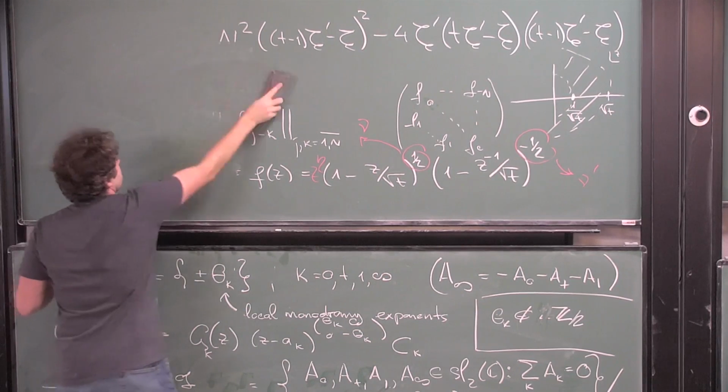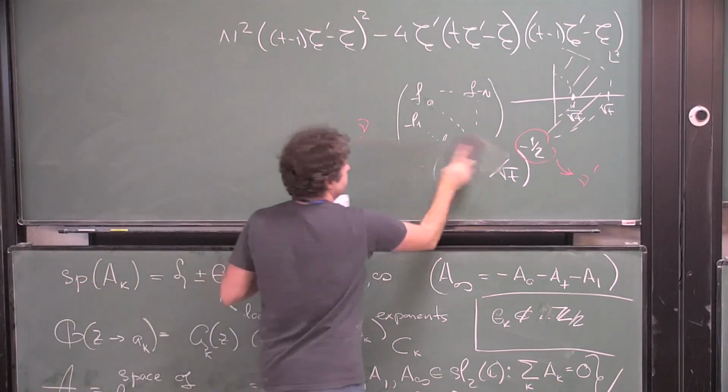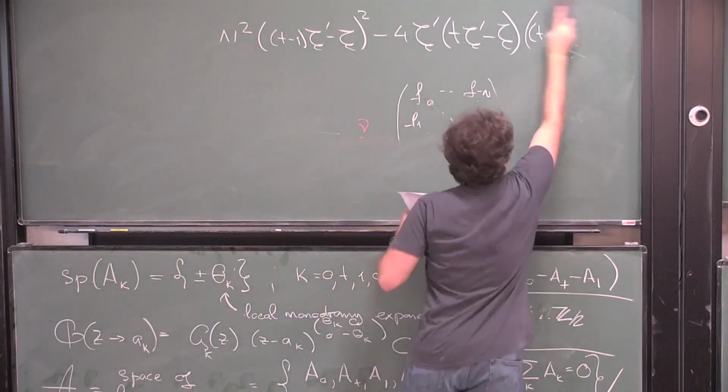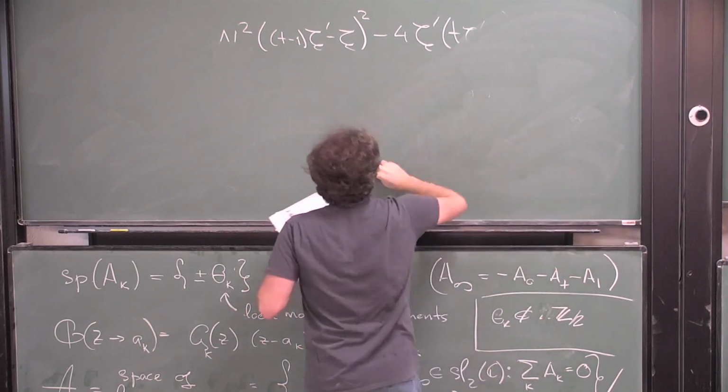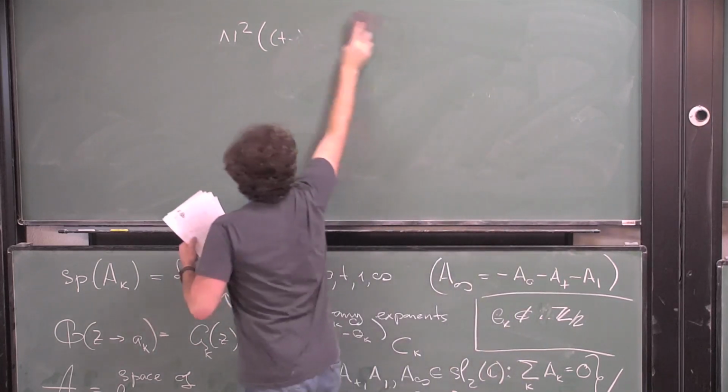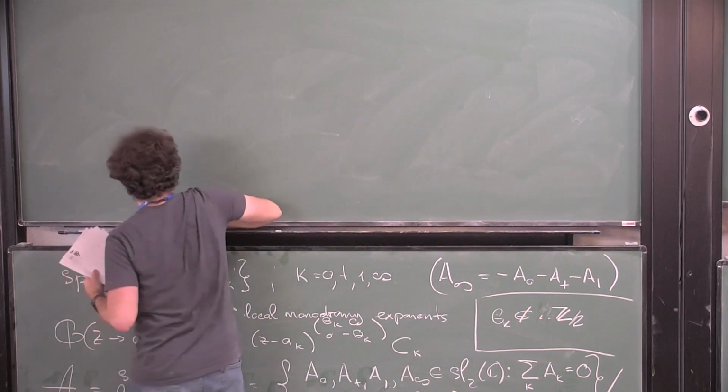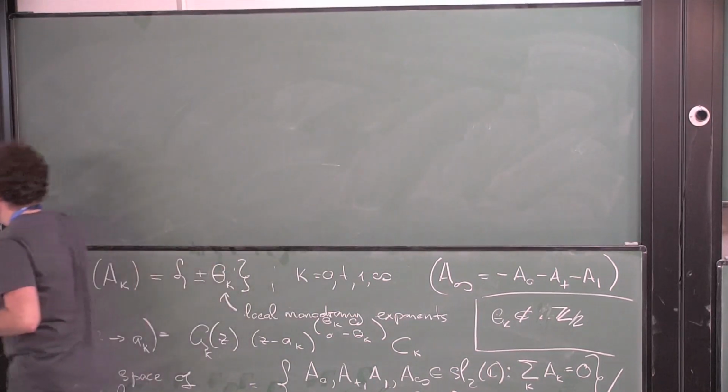Now, given that my fundamental matrix solution is a multivalued function, I can associate to any such Fuchsian system another space, which is the space of its monodromy data.